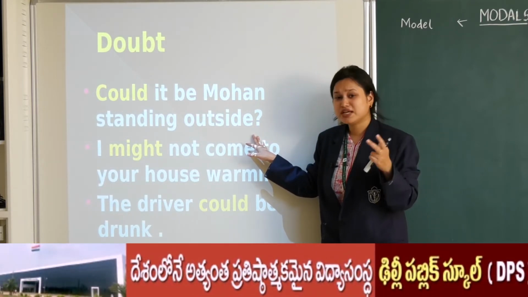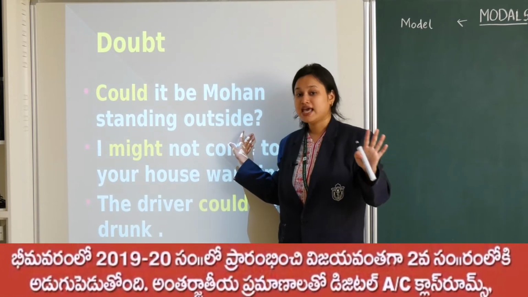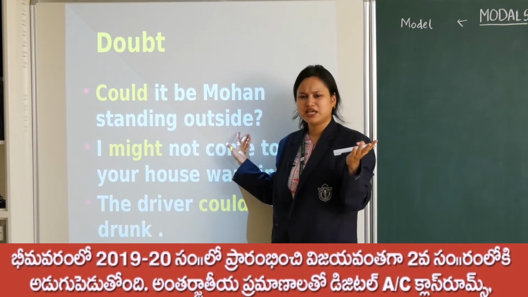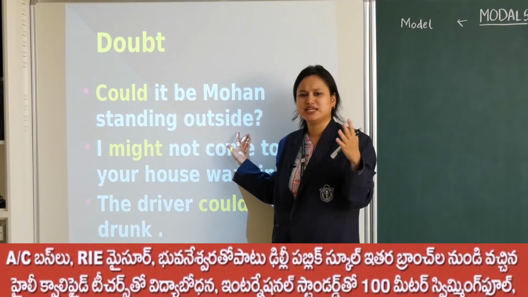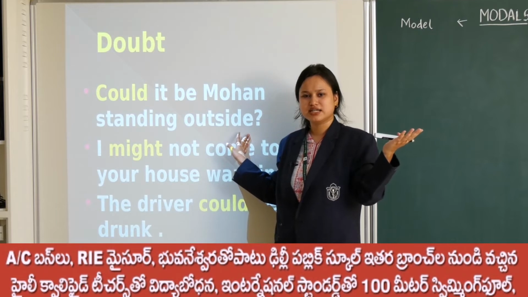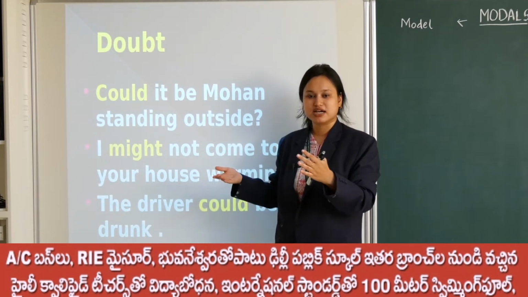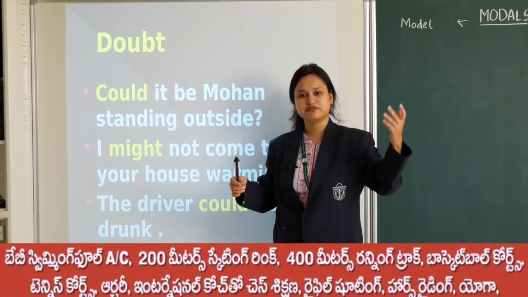So what am I trying to say? I don't know who was there outside the classroom, and I am saying to my friend, could it be Mohan, or could it be Mr. Samuel, or could it be some sir standing outside? The next class is there, the bell has rung, and someone came to the door, knocked or tried to open it, then vanished.